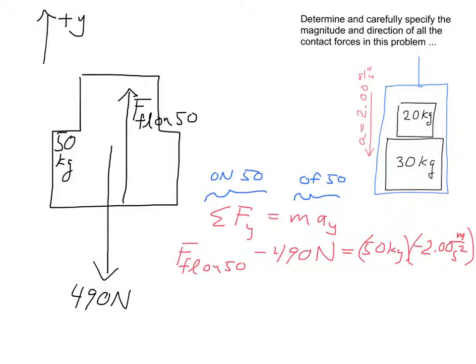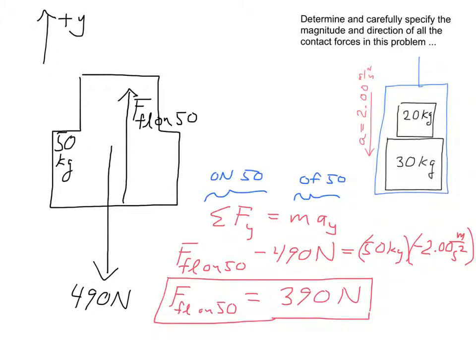This force is here. This one is here, with a minus sign for our coordinate system. The whole thing is accelerating at 2 meters per second squared downward, which is negative in our coordinate system. And now we have a 50 kilogram entity that we're considering. Okay, so let's solve for the force that the floor exerts upward on this composite object.